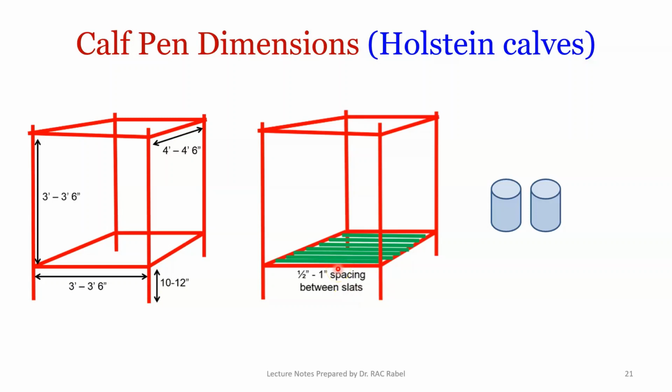So you should not use wide planks or lally, right? Because if you use, let's say, 10-inch wide lally or planks, then the urine and feces will stay on top of it. It will not fall down right through the gaps.